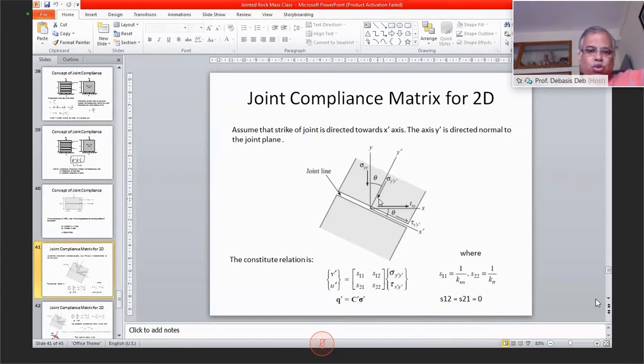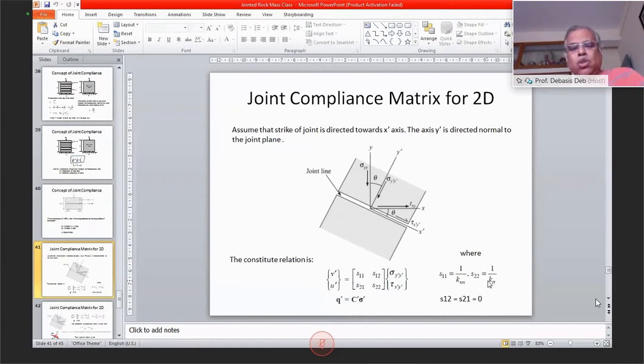And I have already shown you the constitutive relations. So by just taking the inverse of it, in a compliance relation we will find like this: V, which is the normal displacement in this direction, and U, which is the shear displacement along this direction, can be related by this, where these two will be 0 as I have written here, and S11 will be 1 by Kn, and this will be 1 by Kt.